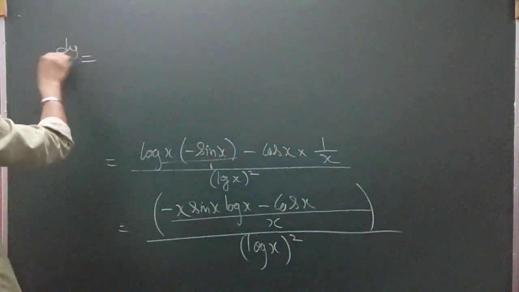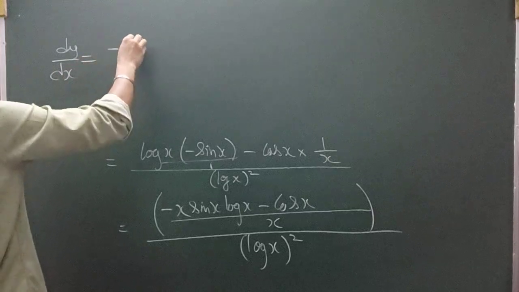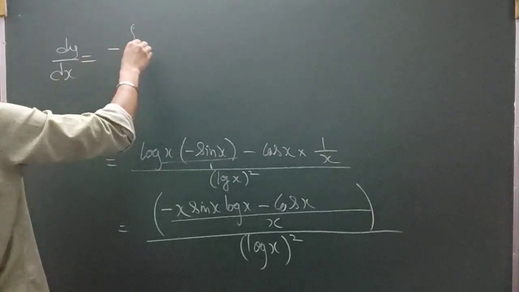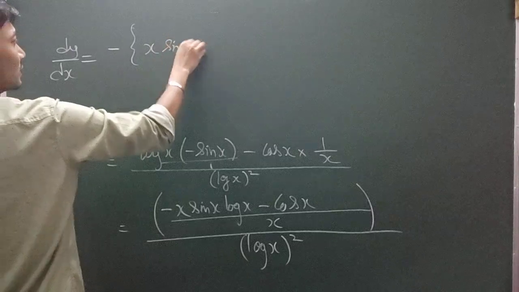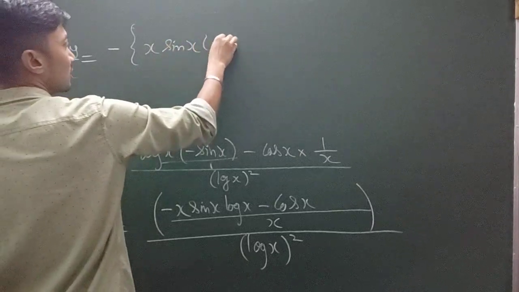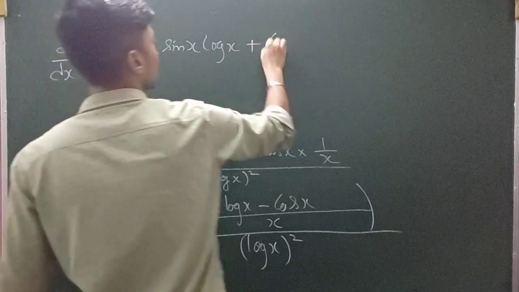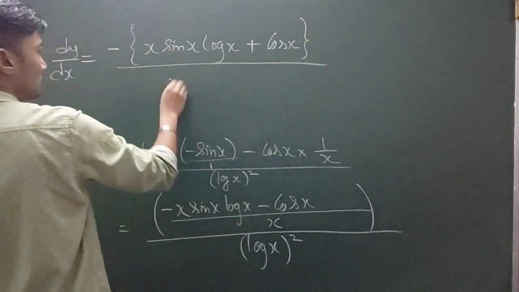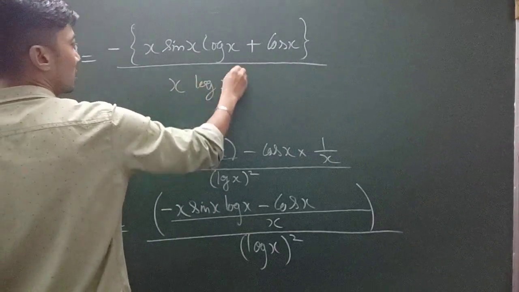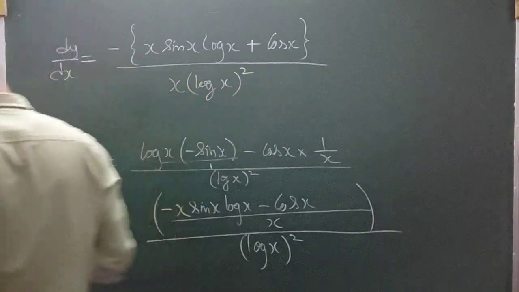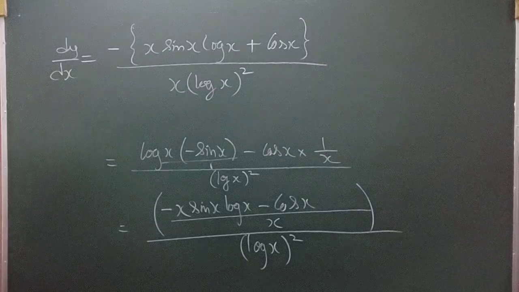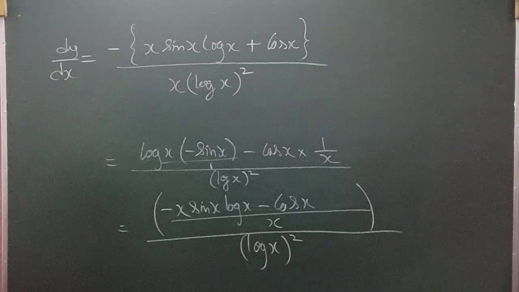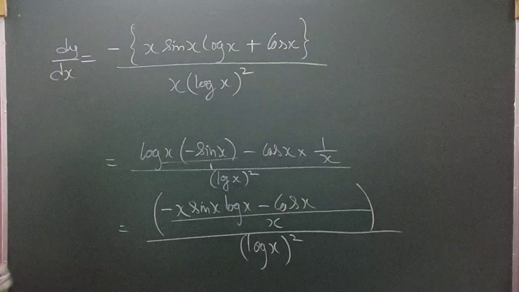So dy by dx, taking minus common, we'll have x sin x log x plus cos x divided by x log x whole square. Of course, x should be greater than 0, strictly greater than 0, already given in the question. So minus of x sin x log x plus cos x divided by x log x square.